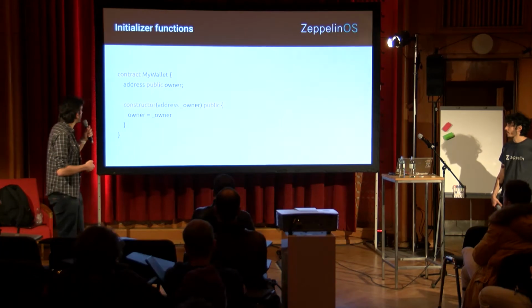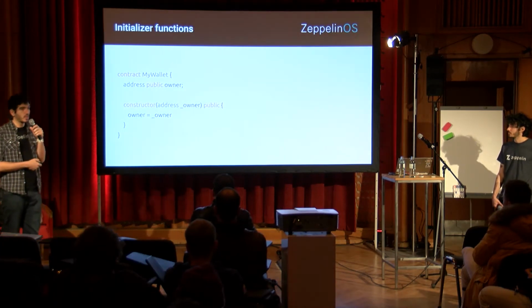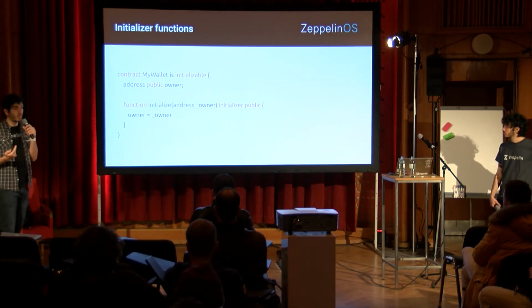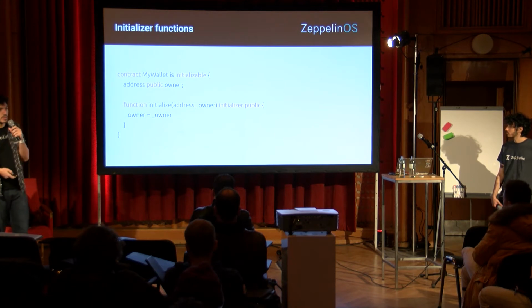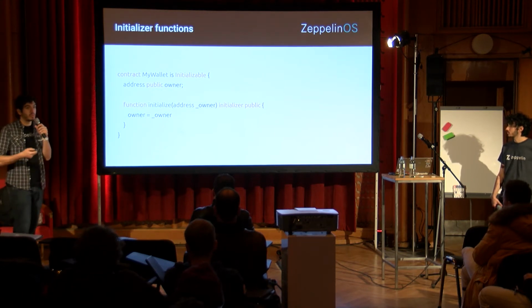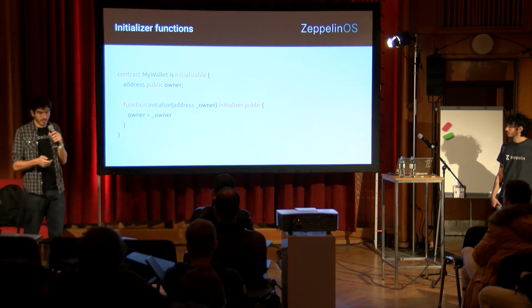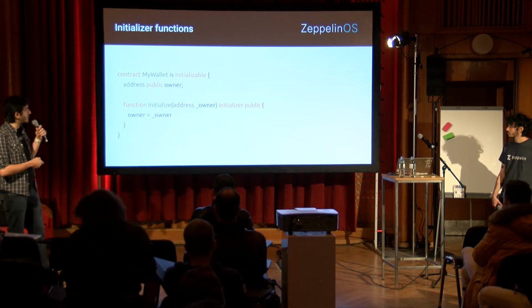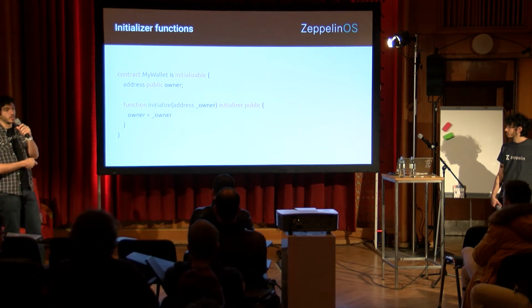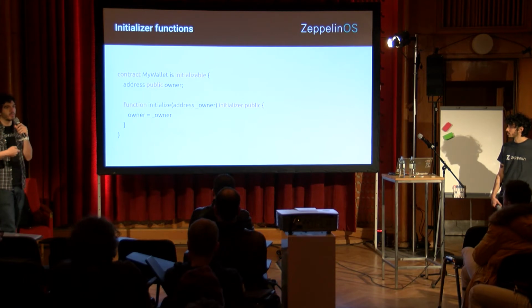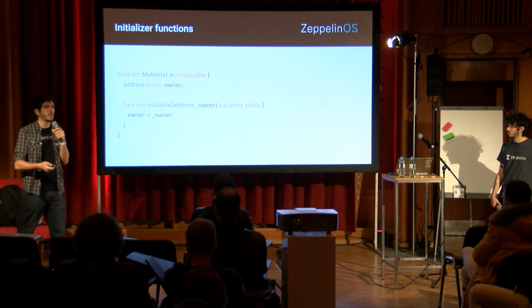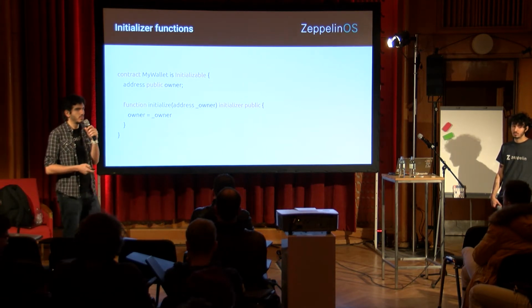So let's say you have the wallet contract. You will probably end up having just one single implementation of the wallet contract. And let's say you want your users to be able to spin up new wallets. Basically, every user is going to initialize this contract with a different owner. So you have to make sure that every proxy runs its own initialization process.